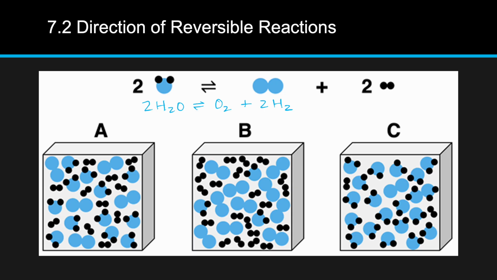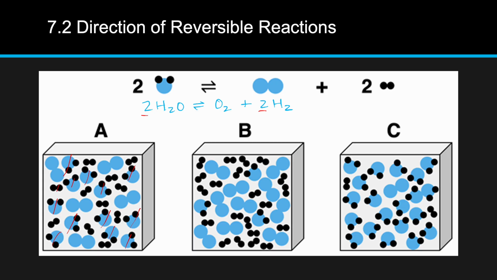You can either write K is greater than 1, K is less than 1, or K is equal to 1. So when I'm trying to decide my K value for these specific diagrams, I'm going to look at my ratio between water and hydrogen gas molecules because they have the same coefficient. So looking at A, I have 12 water molecules.